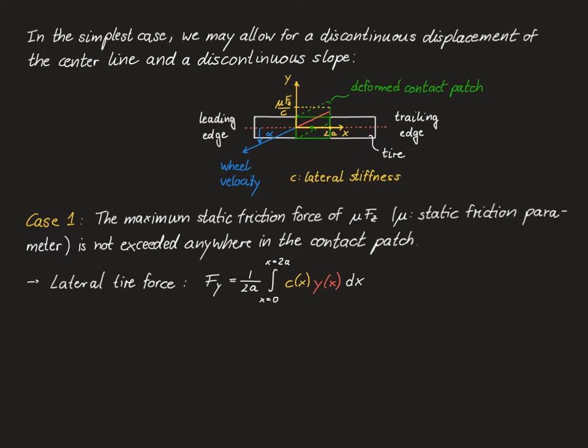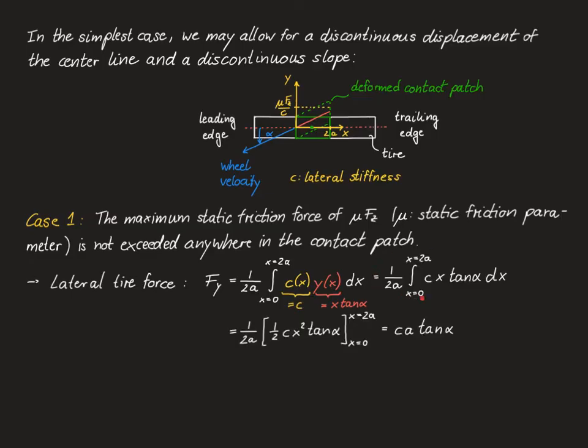Based on this, we can calculate the lateral tire force by integrating over the product of the stiffness and the lateral displacement of the tire over the entire contact patch and normalizing by the length of the contact patch. In our simple case, we have assumed that the lateral stiffness C of x does not depend on x, but is just a constant value, and the displacement y of x in our case is given by x times the tangent of alpha.